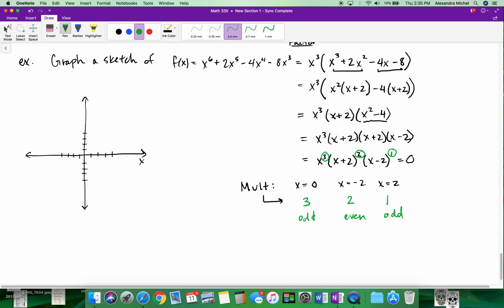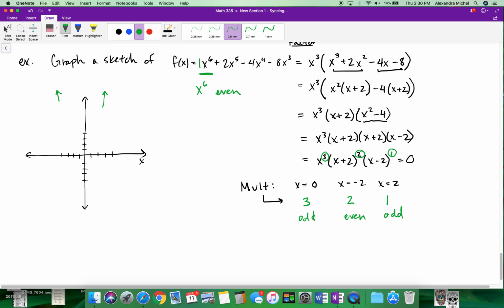Okay. And my overall degree of my function is defined by my leading term, right? So x to the 6th power, which is even. And since we have a positive 1 in front, we know that it's going to be going up on both sides, as opposed to going up on the right and down on the left.